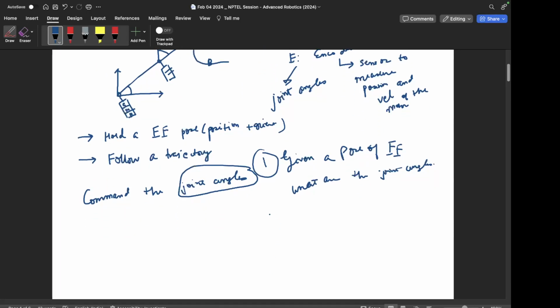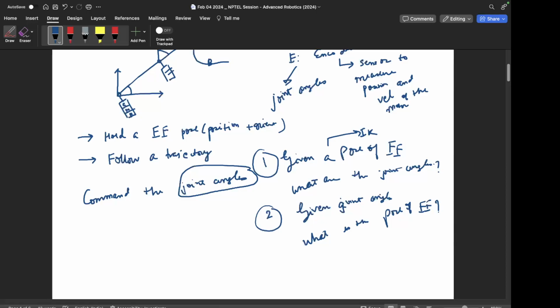And the reverse of this question, which we would also like to know in certain cases, would be: given joint angles, what is the pose of the end effector, right? So these are the questions which are answered respectively, the first one by inverse kinematics, and the second one by forward kinematics.